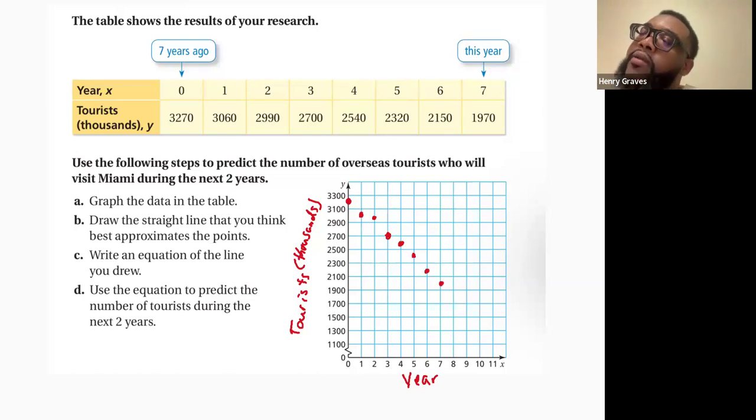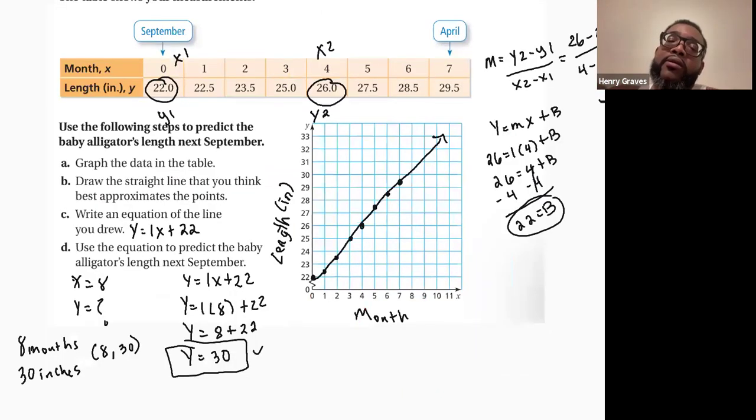Something like this. So as you can see, the difference between the first one and the second one is the first one is actually increasing. And we're going to talk about this more. Then the other one, it's decreasing.